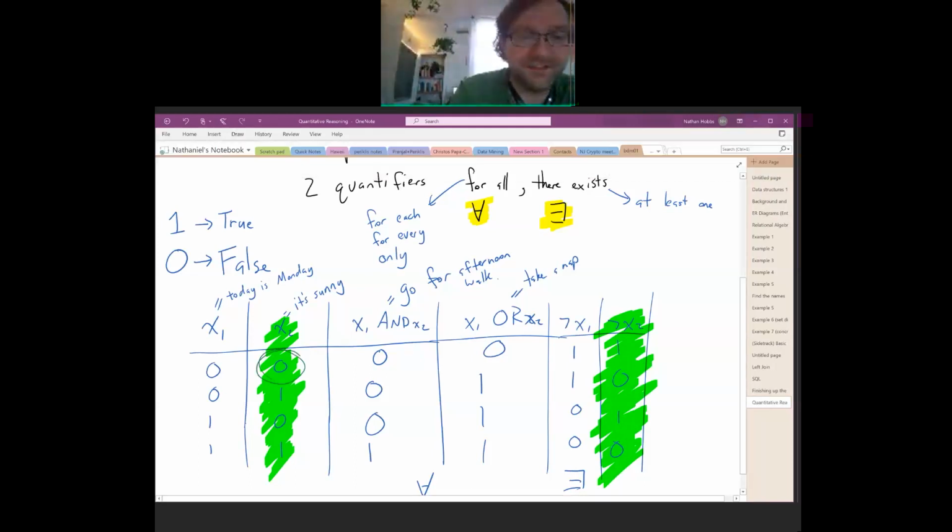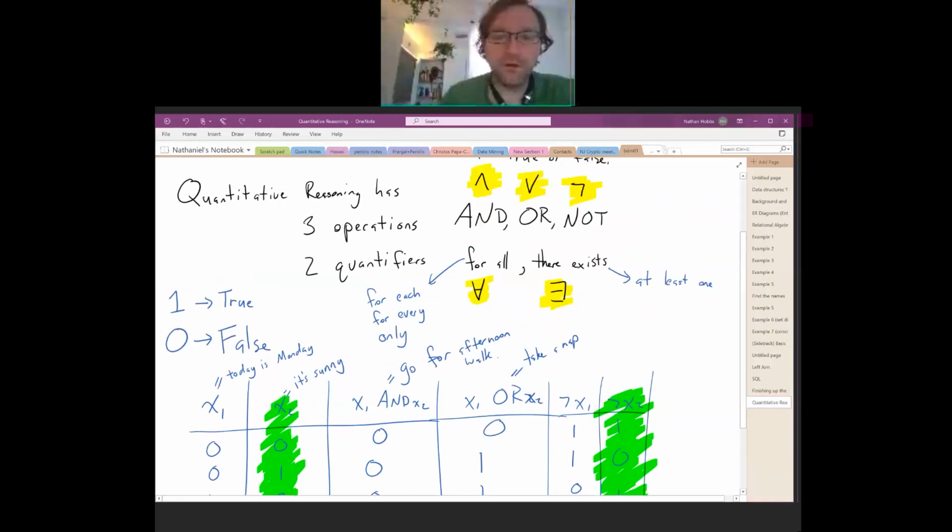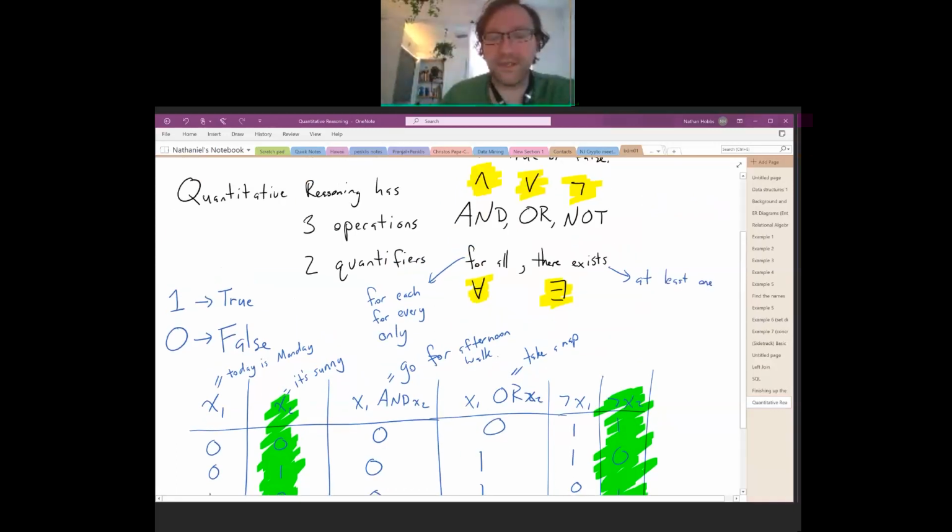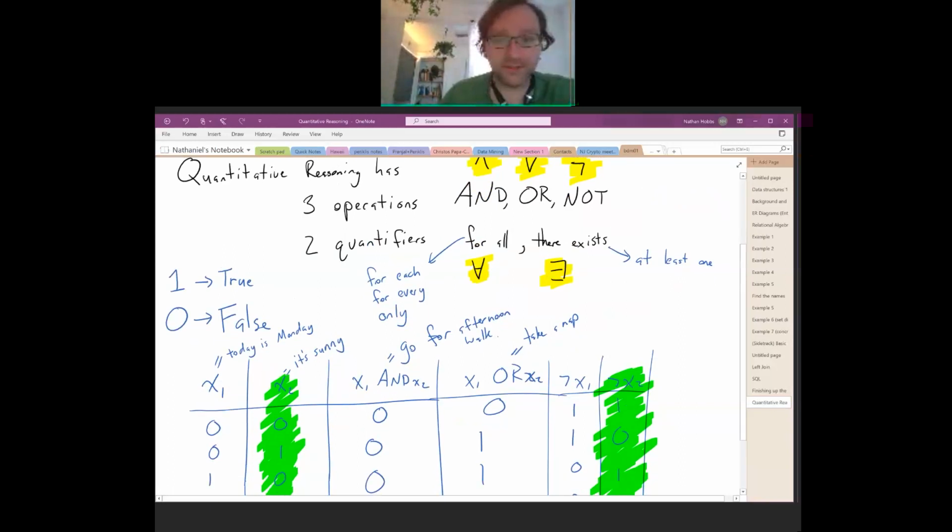Here, if this is a 0, if that's false, then not 0 is a 1, like this. Okay, so that's a truth table. And that's the and, or, and not.